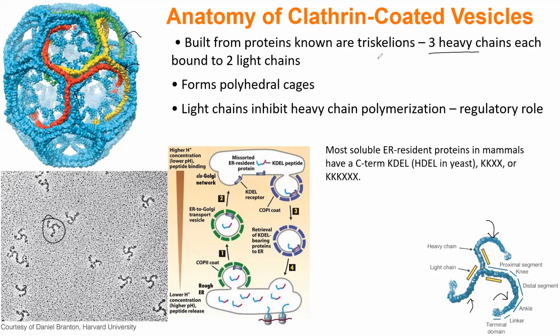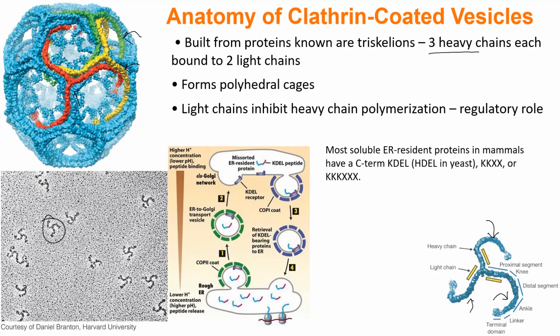So when Clathrin has these light chains, it cannot form a cage. It's a way to prevent cage formation. However, when these light chains are removed, then we can form our vesicle cage.